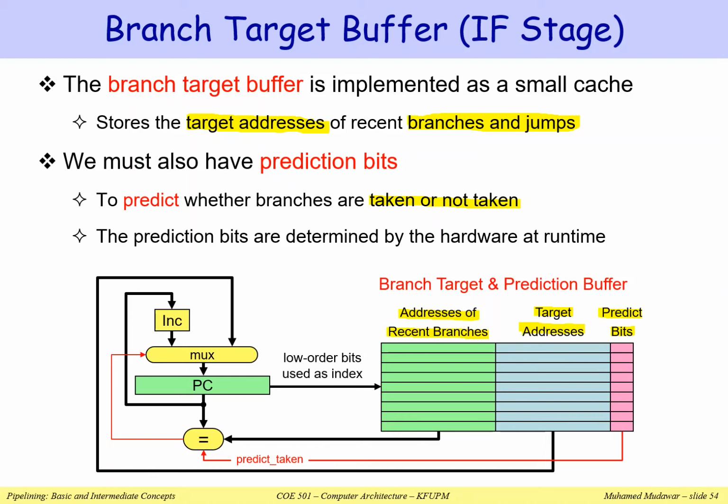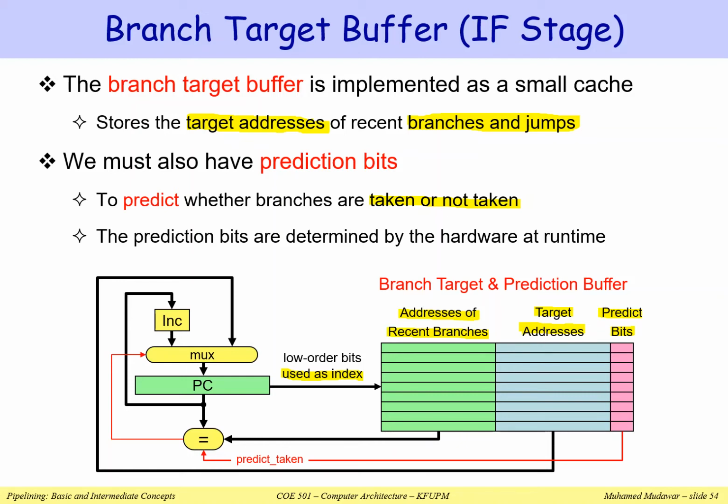So we need to fill the content of this branch target buffer at runtime, exactly the same way that we fill the content of a cache at runtime. At runtime, we only have the program counter in the first stage of the pipeline. So we can use the lower bits of the program counter as an index to this branch target buffer.